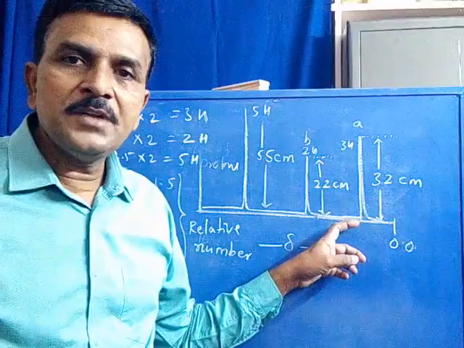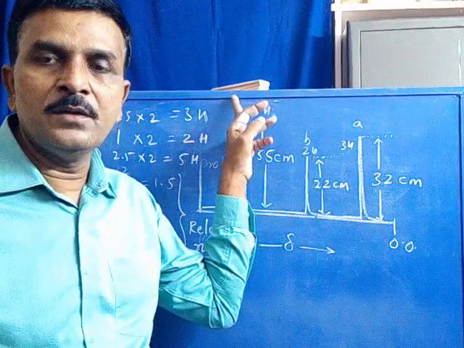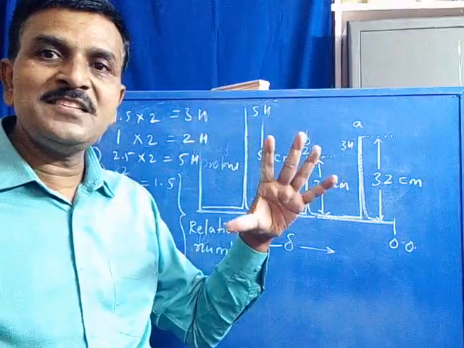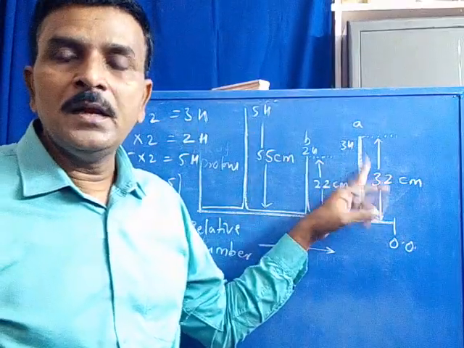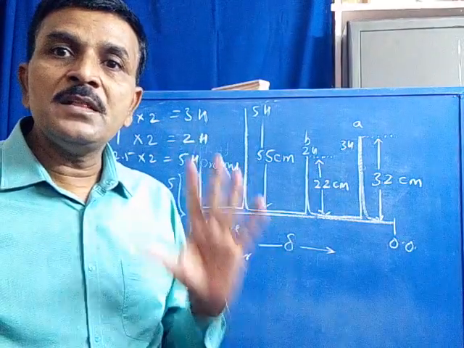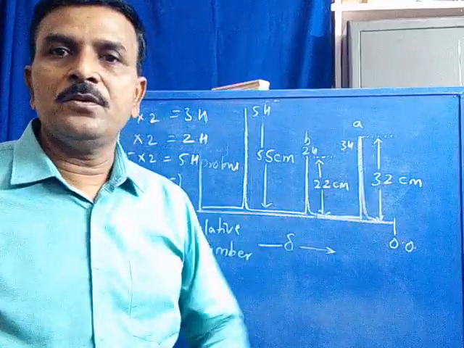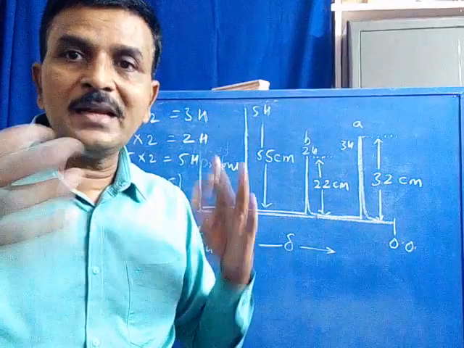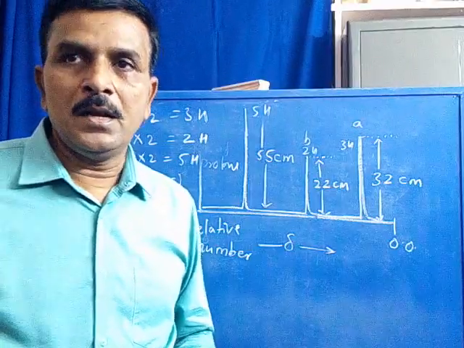So on integration, we get 3 hydrogen, 2 hydrogen and 5 hydrogen. So the molecule consists of a total of 10 hydrogen, 5 plus 2 plus 3, distributed in the ratio of 5:2:3 in 3 sets. So this is the process of integration to count the number of hydrogens present in an unknown molecule.